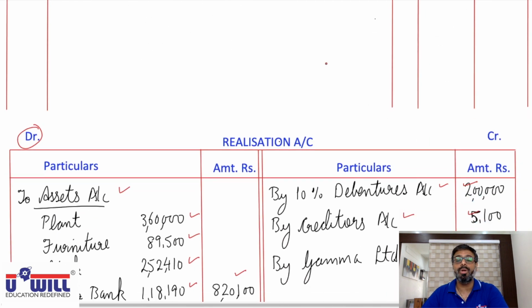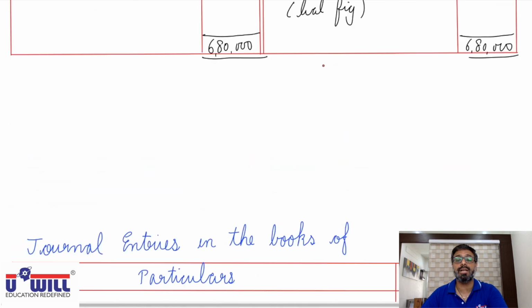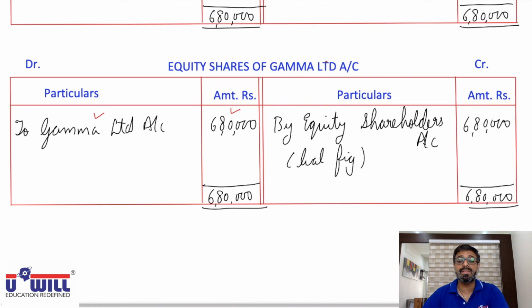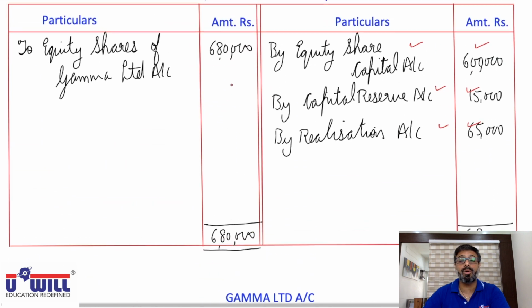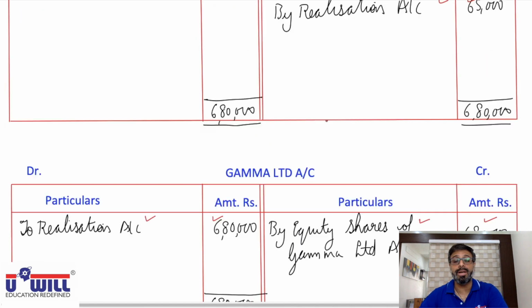And then I told you, whichever accounts, whatever balance remains, transfer to equity shareholders account. You'll see equity shares balance will remain. So this 6,80,000 will transfer to equity shareholders account, balancing figure. And in equity shareholders, it will come on debit side, to equity shares of Gamma Limited 6,80,000. Again, equity shareholders, it's on debit side, so equity shareholders account debit.